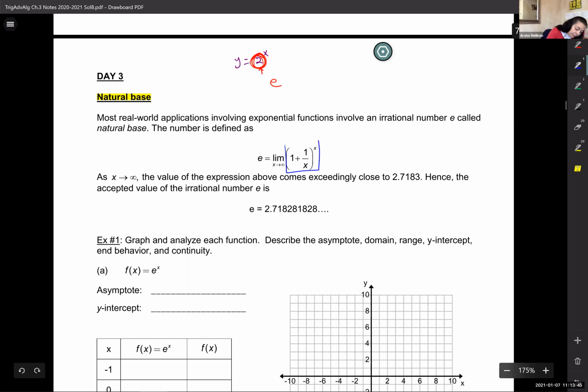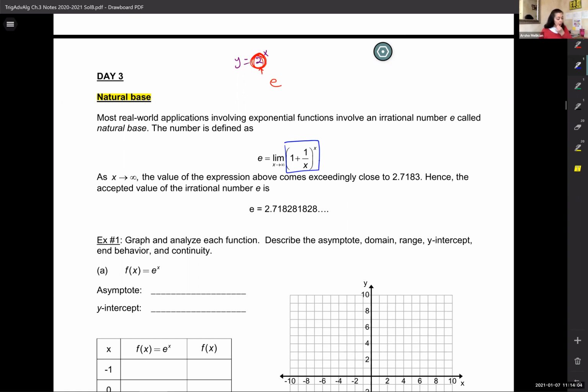This term, 1 plus 1 over x to the power of x, is something that shows up very, very frequently in a lot of math calculations. So many formulas and equations sort of reduce to this in the end.